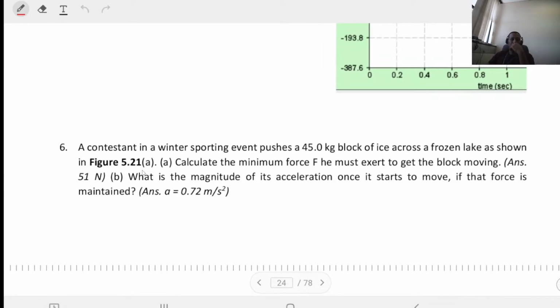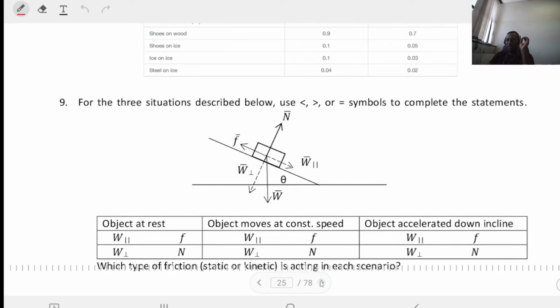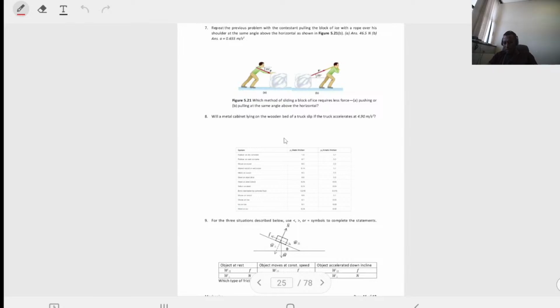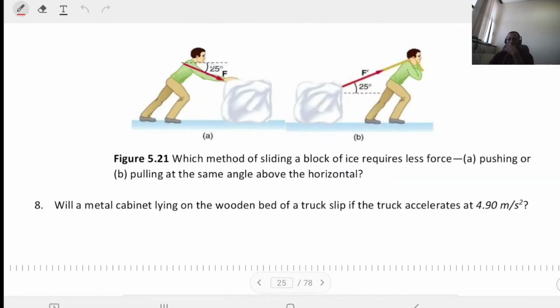It says a contestant, somebody who is competing in a winter sport event, pushes a 45 kilogram block of ice across a frozen lake as shown in the following figure. This is the figure, figure A. He's pushing this ice on a frozen lake. The angle at which he is applying a force is 20 degrees.